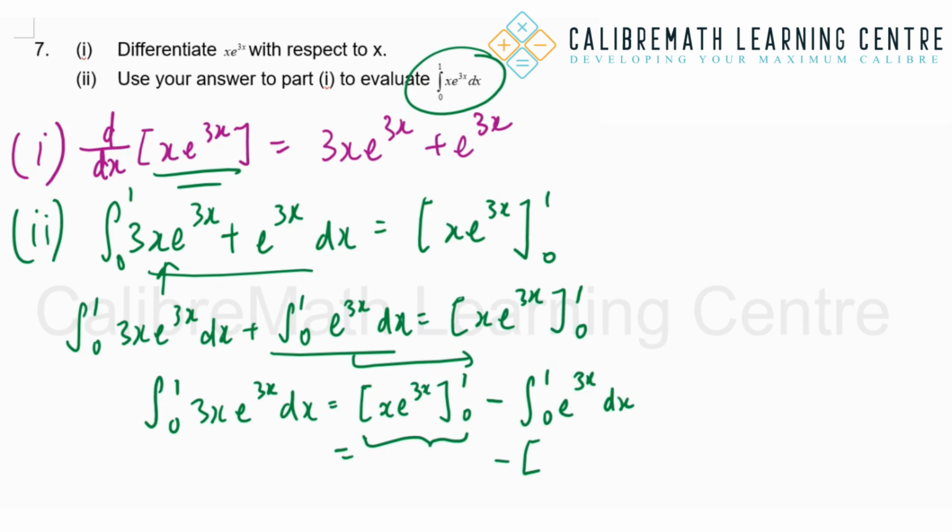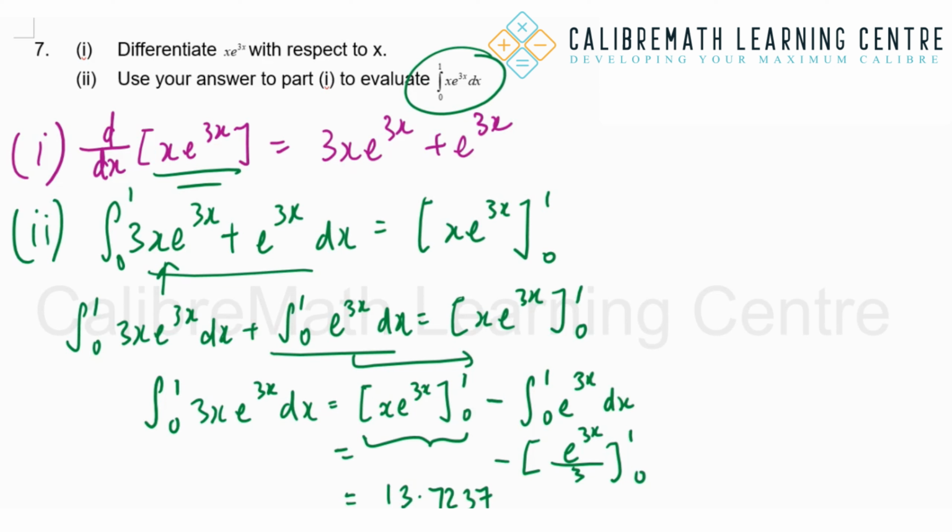It's the normal integration as well. So you have your e to the power of 3x divided by 3. Okay, and then after you do the substitution and simplify, you should get this answer here to be 13.7237 in at least 5SF.